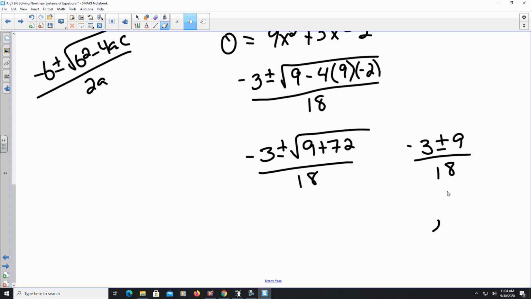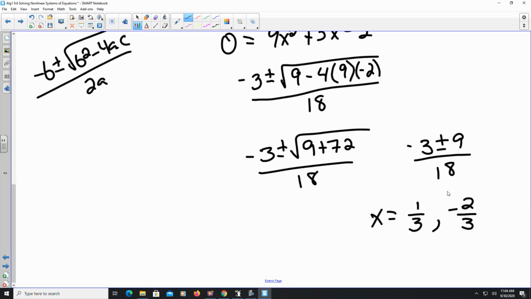Negative 3 plus 9, which would be 6. 6 divided by 18, which would be 1/3. I'm sorry, my apologies. This would be 1/3. That's what happens when you miss a negative somewhere. So this would be positive 1/3. Then negative 3 minus 9, which would be negative 12, divided by 18. That's negative 2/3. So these are what my values for x would be.